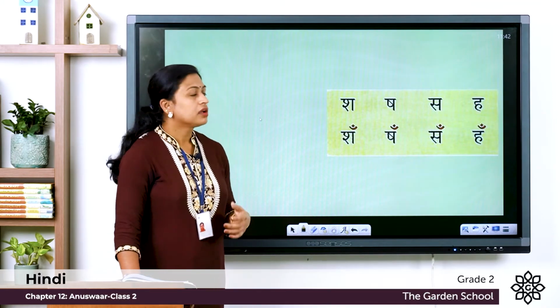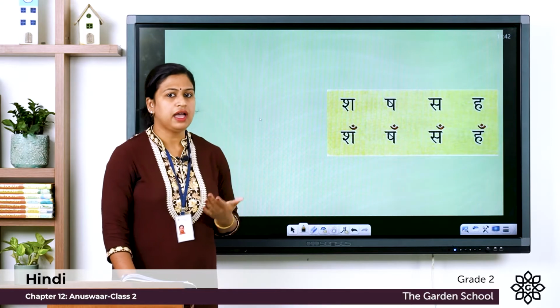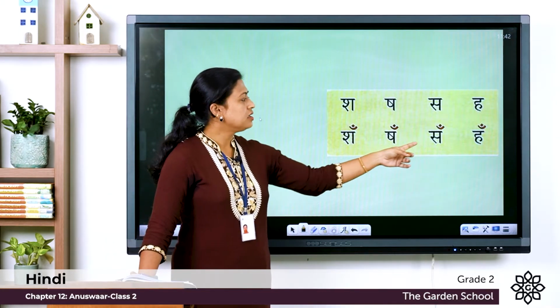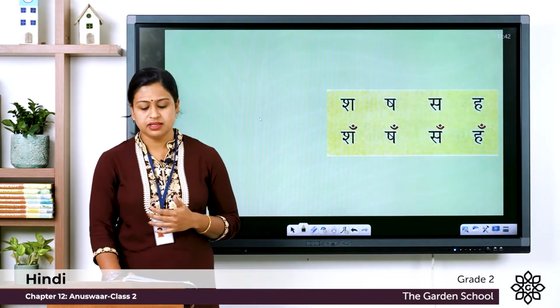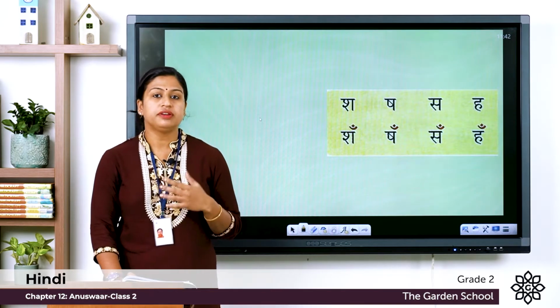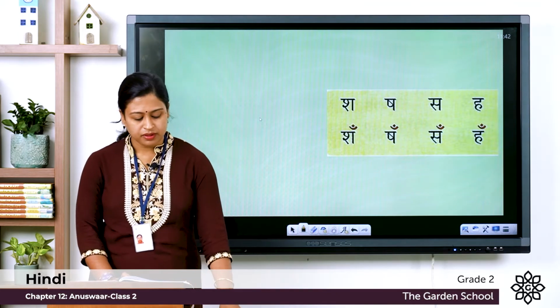Next one, Sha, Sha, Sa, Ha. And when we add this symbol, it sounds Sha, Sha, Sa, Ha. And the last set of Vyanjan letters is Ksha, Tra, Gya, Shra. We rarely use this symbol with those set of Vyanjan letters.